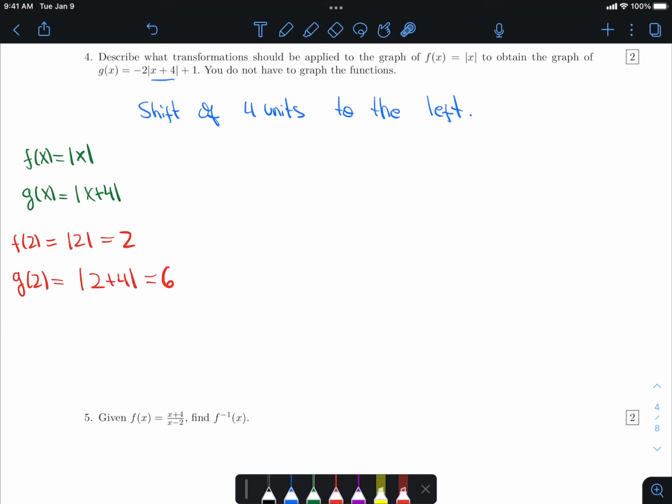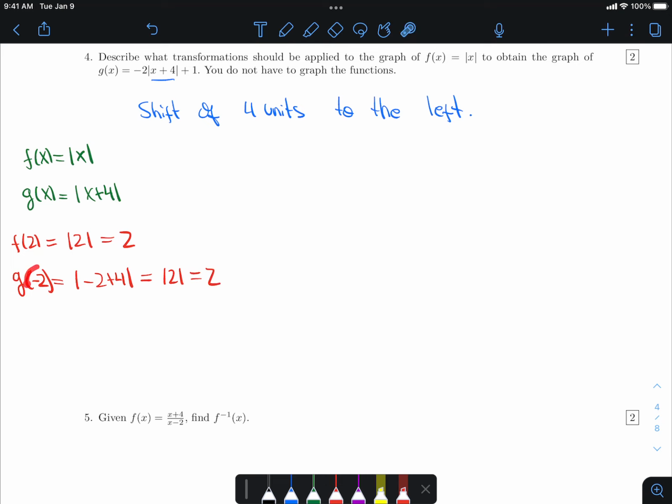So if I want that 2 as a result, I need to change the x I use. If I'm adding 4, I have to subtract 4 here to compensate. So that's minus 2. And g of minus 2 is absolute value of minus 2 plus 4, which is absolute value of 2, which is 2.